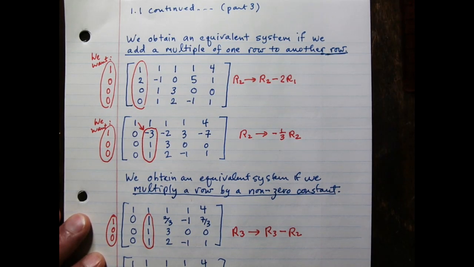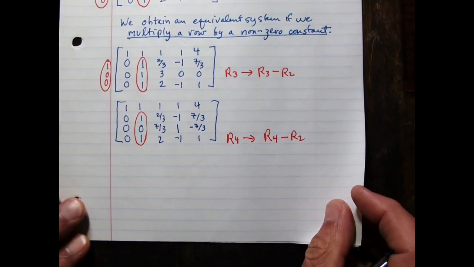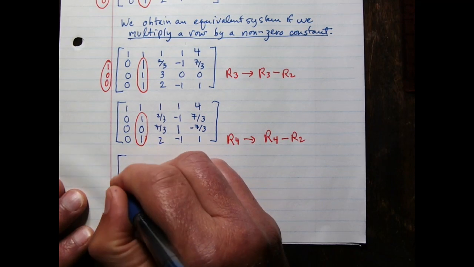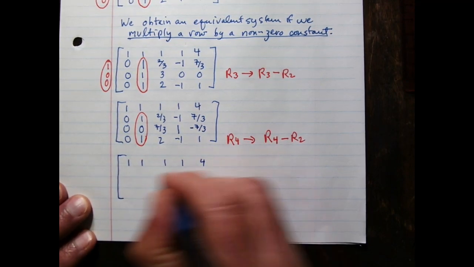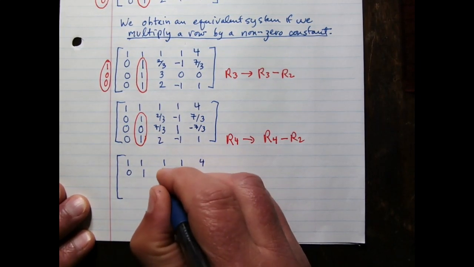And the next, I'm going to want to work on row 4. And I'm going to do the same thing. I'm going to take row 4 minus row 2. So I use that 1 position to change this one, and then I do the same operation through the whole row. So I'm recopying.